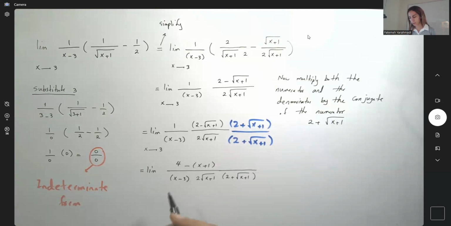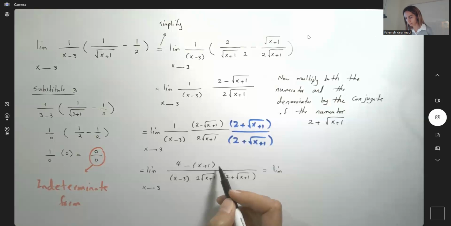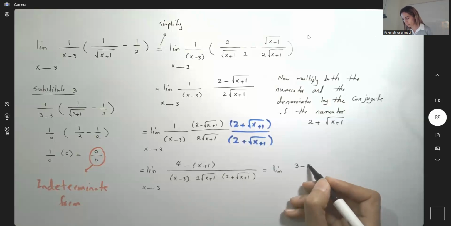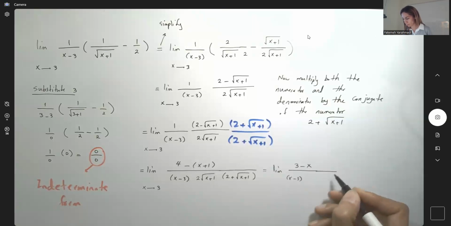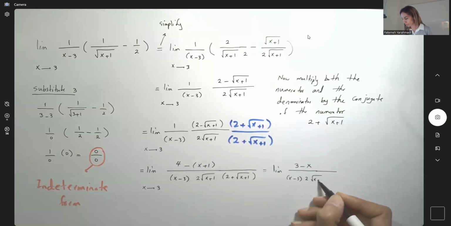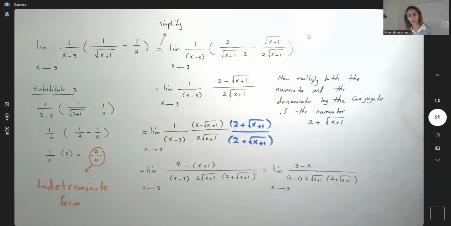Just note that when you distribute this negative sign into parentheses, this guy becomes 4 minus x minus 1, or you get 3 minus x divided by x minus 3 times 2 times square root of x plus 1 times 2 plus square root of x plus 1, as x goes to 3.